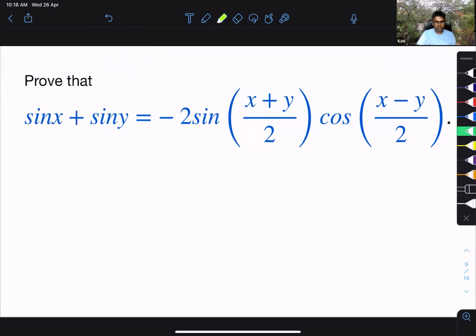Now, we did it with cos, now we are trying to do it with sine. So again, let's write the identities that we know for sine of a plus b and sine of a minus b.